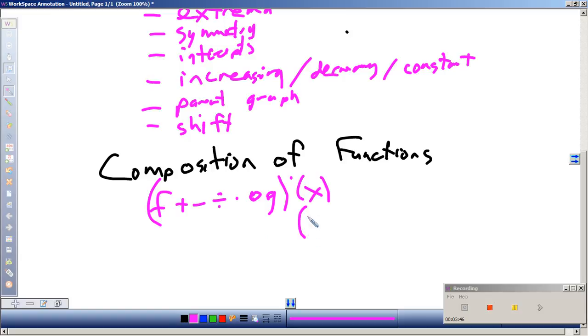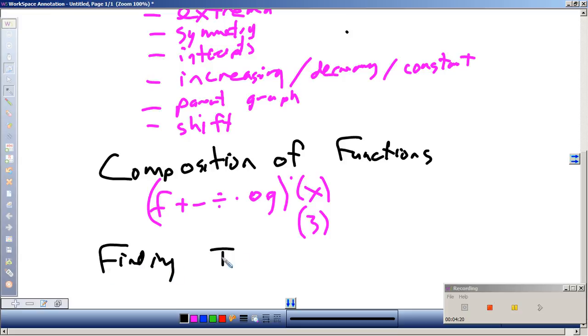Or maybe f of 3, so evaluating. So if I give you f and g, you should be able to do any of these things with it. Or if I just give you f, you should be able to do f plus f of x, or f minus f of x, or f of f of f of x. All of that. Or if I use the number 3, you should be able to use 3 or 15 or pi in there just as well.